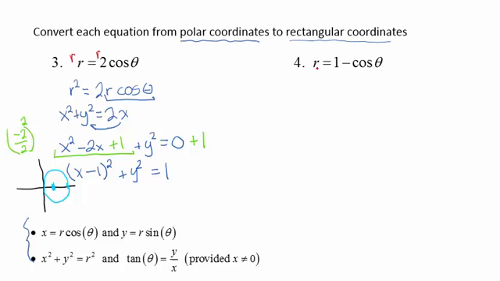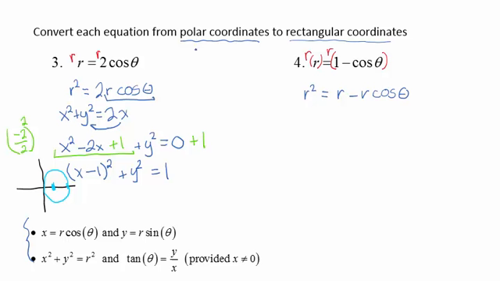Let's look at our next example. r equals 1 minus cosine of theta. To write this equation in its rectangular coordinate form, let's again multiply both sides by r. Now this would give us on the left-hand side r squared equals r minus r cosine of theta. To rewrite this, let's now bring this r cosine of theta to the right-hand side.